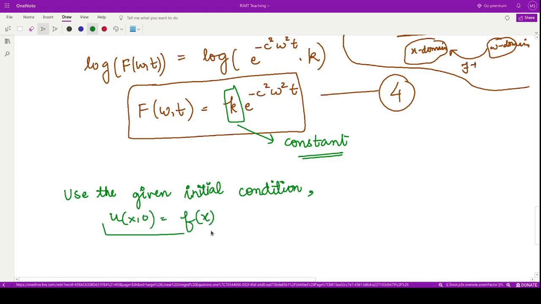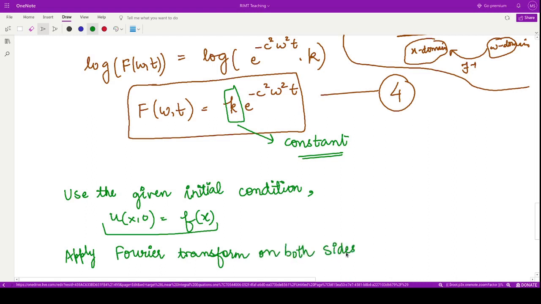So what you can do is apply the Fourier transform on both sides. Applying this Fourier transform on both sides of this equation, what do you get?